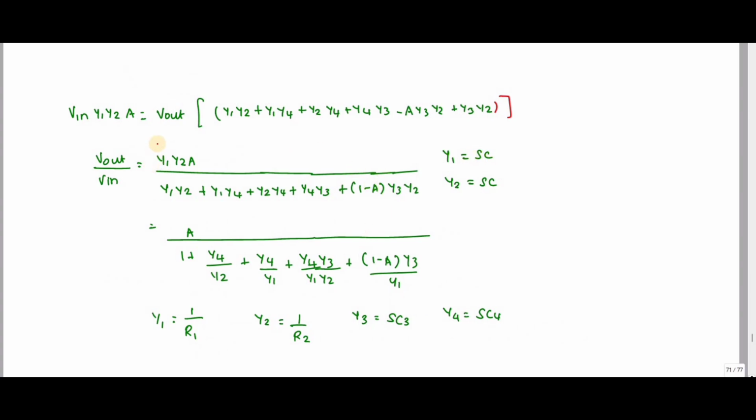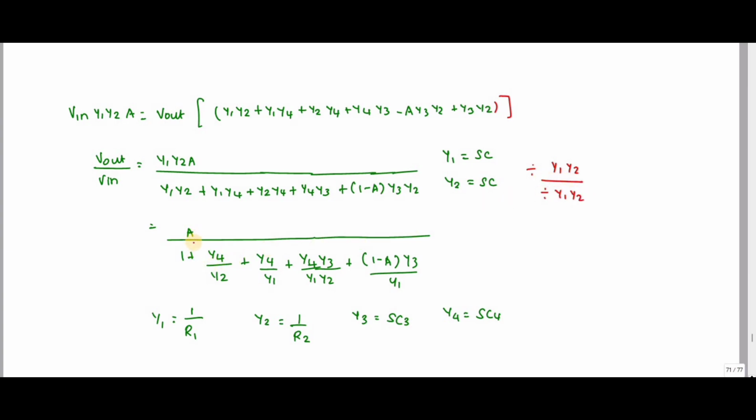From this I can write Vout by Vin is equal to Y1 Y2 A divided by Y1 Y2 plus Y1 Y4 plus Y2 Y4 plus Y4 Y3 plus Y3 Y2. If I take common, I will get 1 minus A. Now I am going to divide the whole term by Y1 Y2.